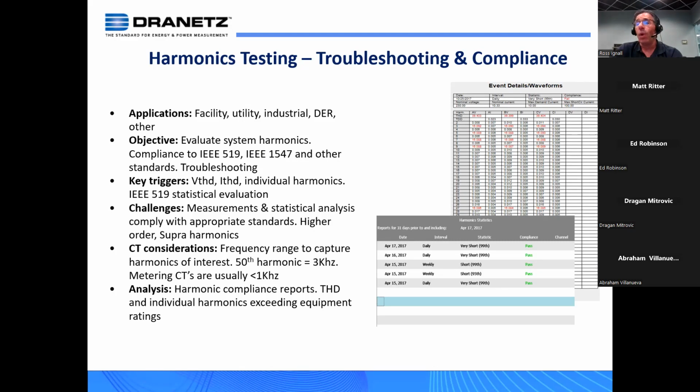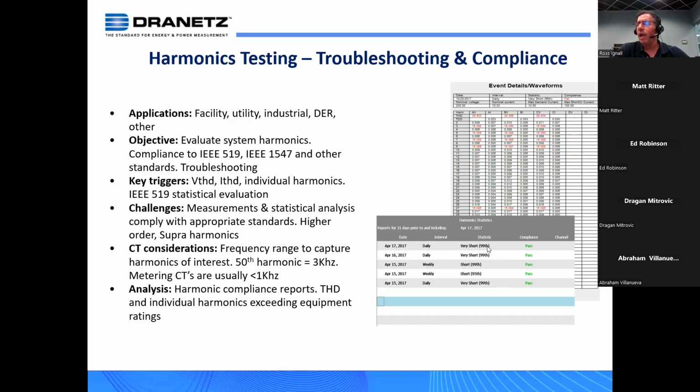There's a whole statistical evaluation done in 519 using that IEC 61000-4-7 that I referred to in the beginning of our webinar. Basically it breaks things down into short time and very short time harmonics. It's looking at compliance and a statistical analysis, which is defined in the standards. You get daily compliance reports and weekly compliance reports.